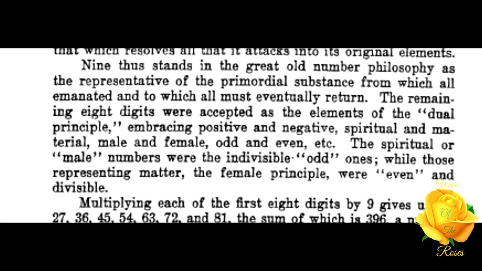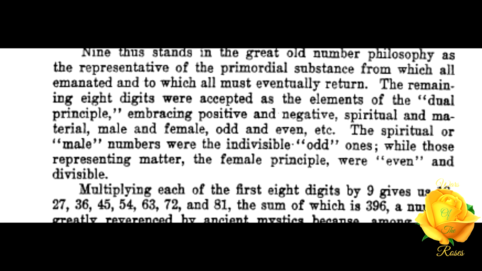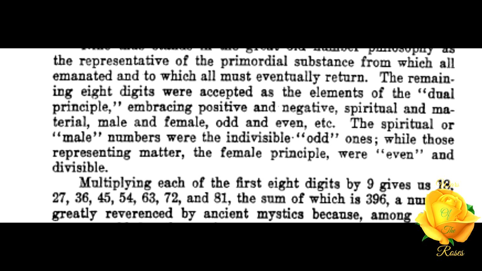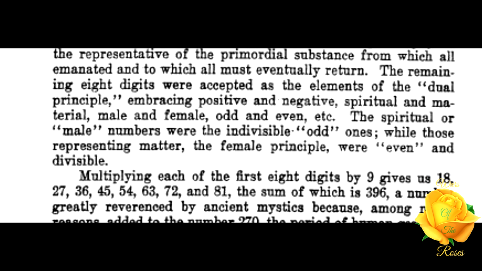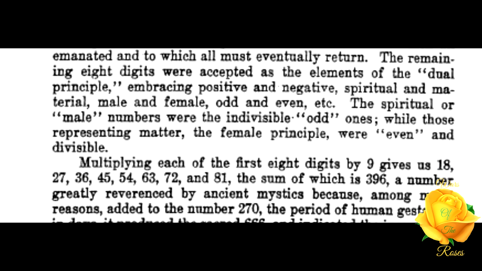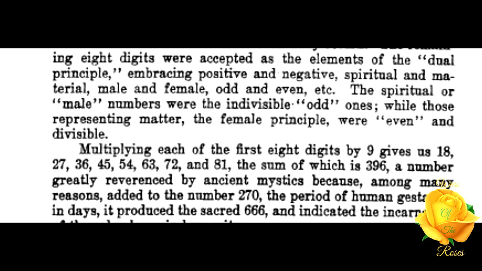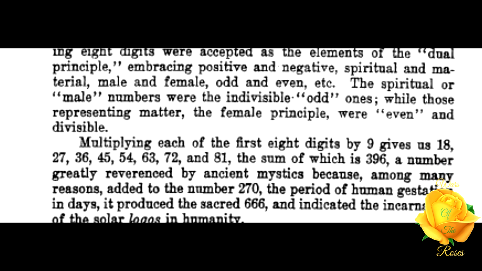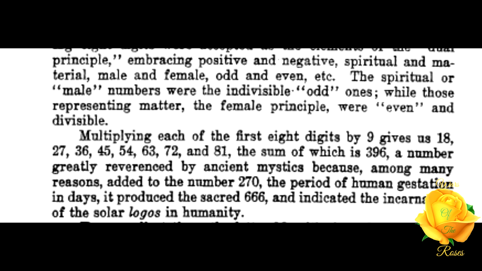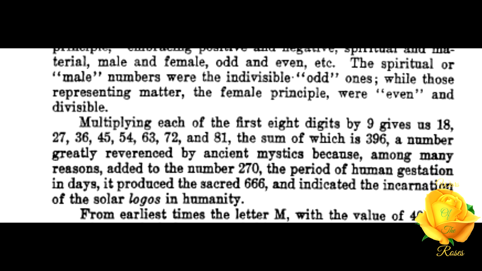The remaining 8 digits were accepted as the elements of the dual principle, embracing positive and negative, spiritual and material, male and female, odd and even, etc. The spiritual or male numbers were the indivisible odd ones, while those representing matter, the female principle, were even and divisible.